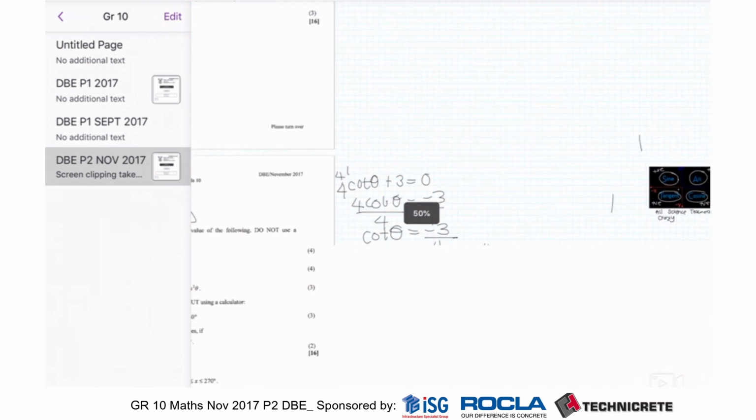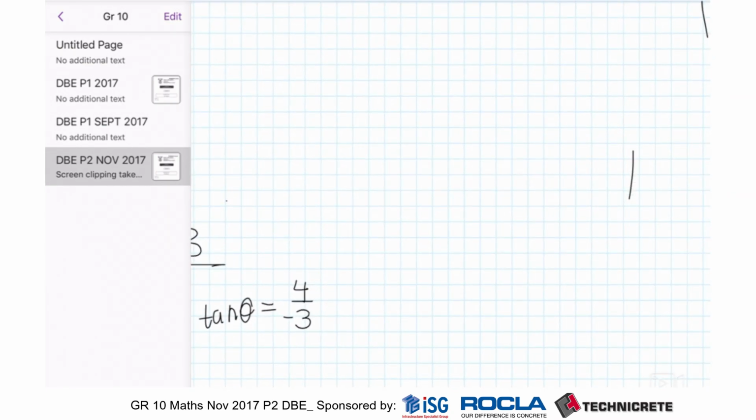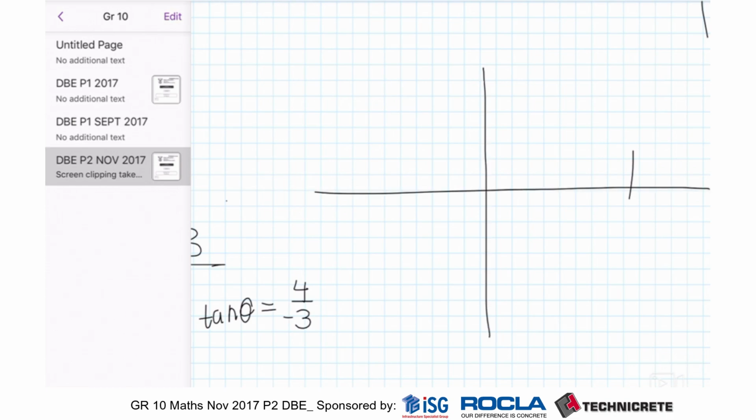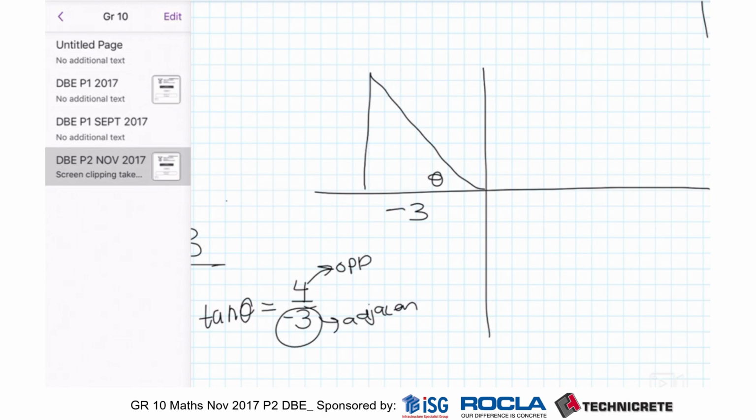Okay, so let's draw a diagram here. It's in quadrant 2, is what we said, so we're going up and we're going left. Here's my theta, and tan is opposite over adjacent. So this is obviously going to be negative because of the quadrant, and this is 4. Here is my right angle.